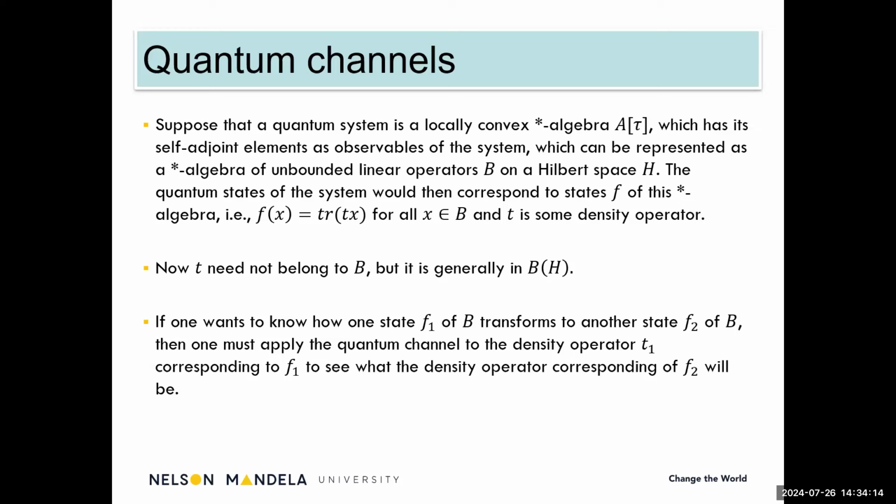So F1 and F2 are states on the star algebra A or equivalently B, but the density operators need not belong to B. So then you have to apply the quantum channel to see how the density operators transform, so that we can then get an idea how the positive linear functionals themselves transform. Okay, I'll show one illustration of this.